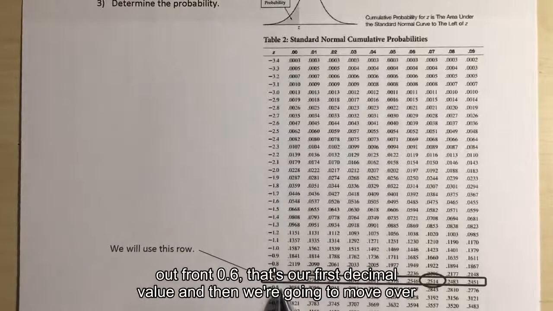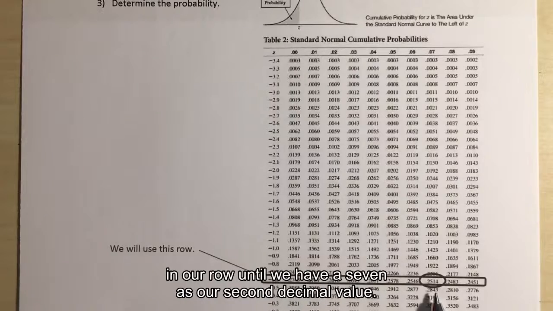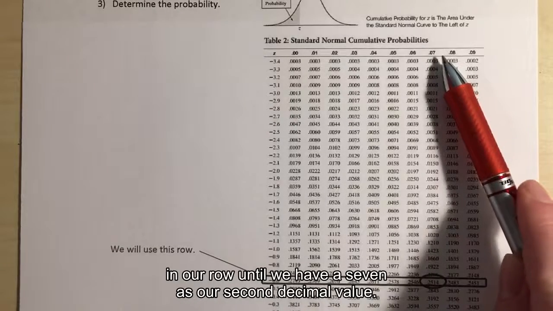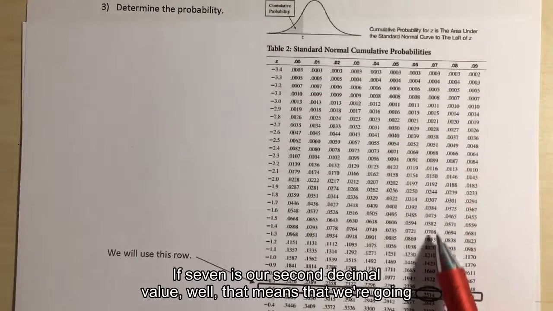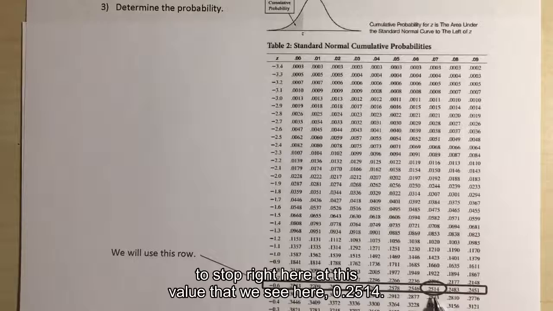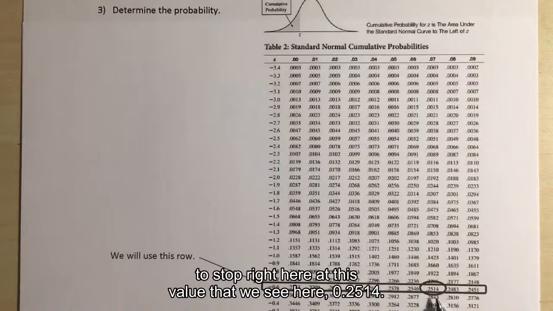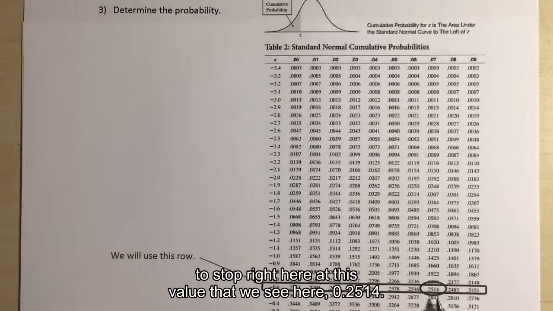Then we move over in our row until we have a 7 as our second decimal value. So we stop right at this value here, 0.2514.